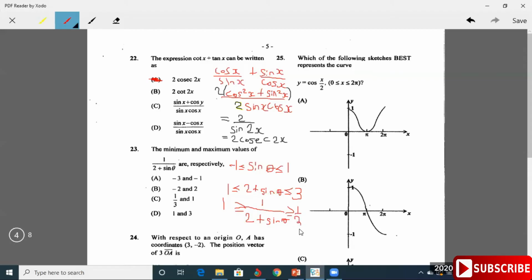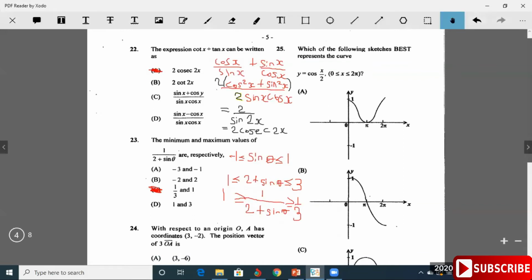And so what we're getting is that the least value, the minimum value is 1 over 3, and the maximum value is 1. So that option is C. That's option C.